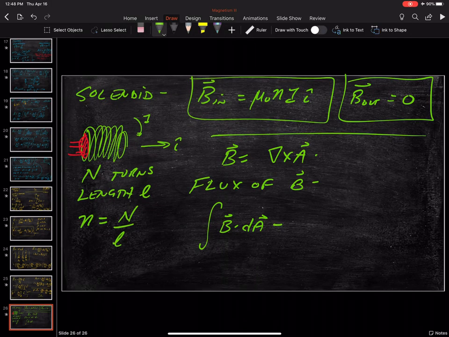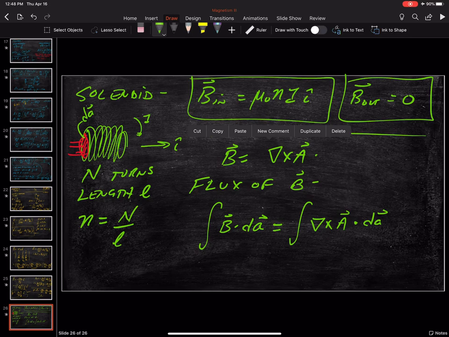Okay. What's this equal to? Well, because B is del cross A, this is integral, let me use a little a here, a little a for my area. Why? Because I've already got an A. Dot dA. So the little a here represents my little area. But remember, by Stokes' theorem, go way back here to Stokes' theorem, wherever it is.